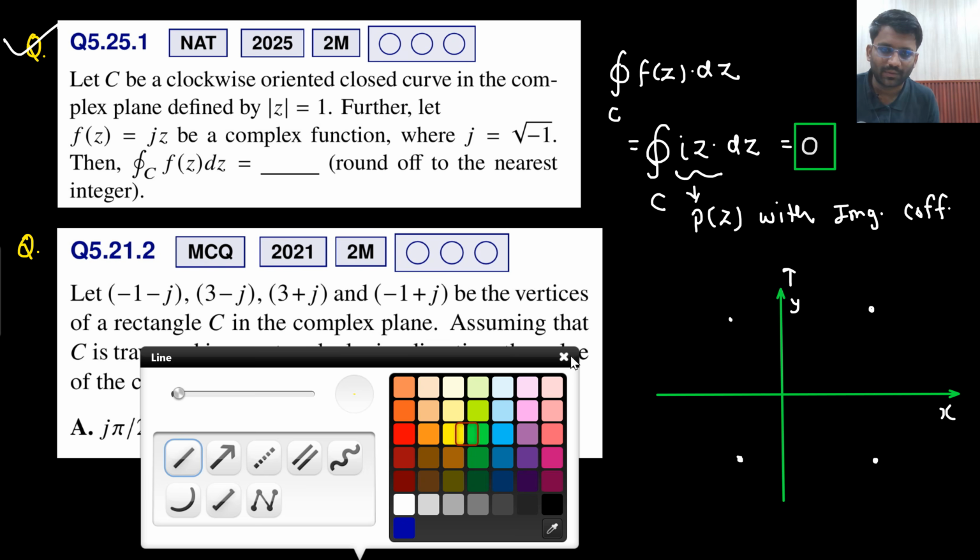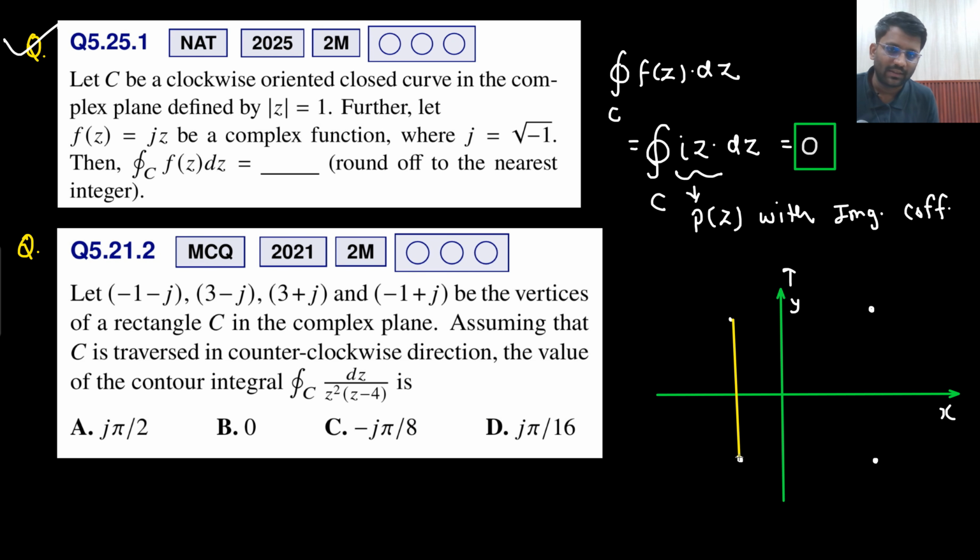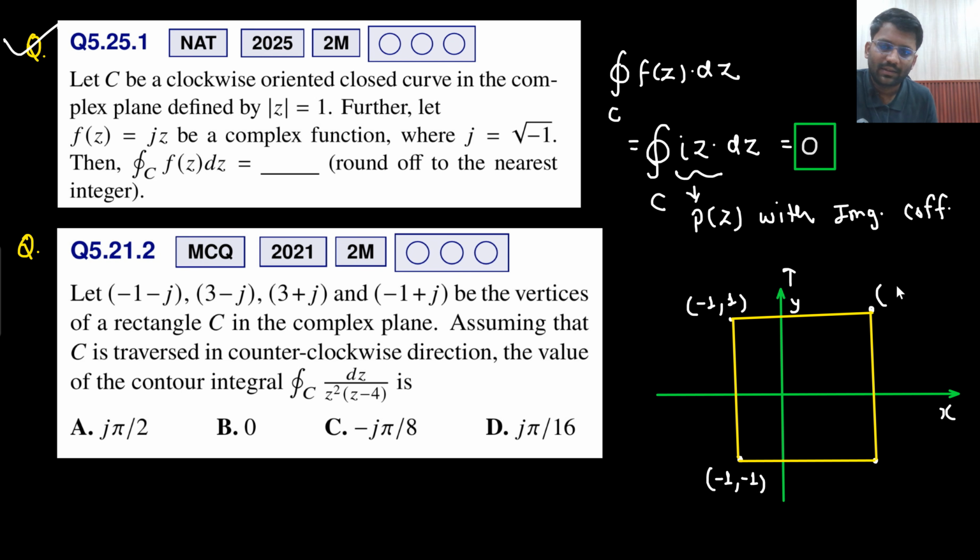Right? Say yes or no. So this is the rectangle that you have. These are the coordinates: -1 minus 1, -1 plus 1, x equals 3 with y equals 1, and x equals 3 with y equals -1.